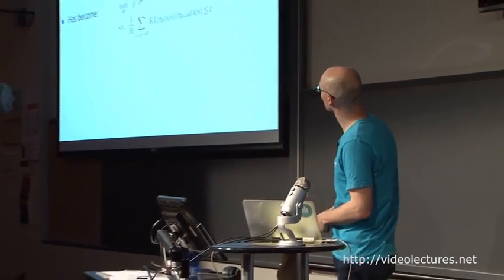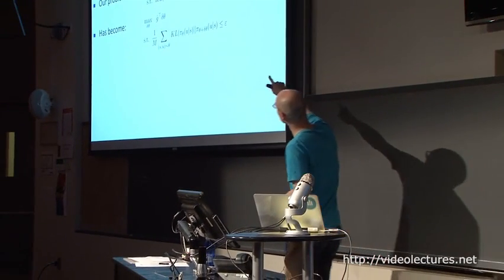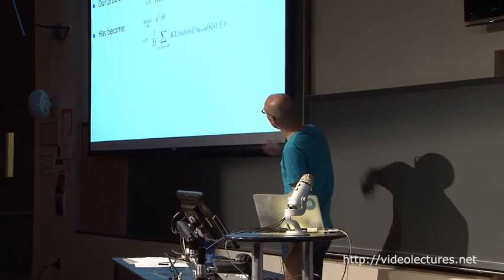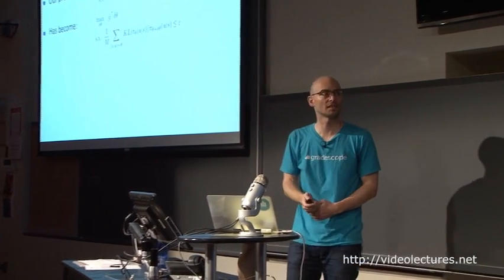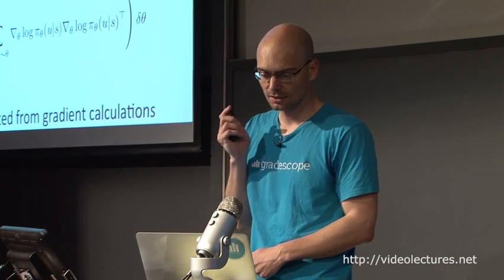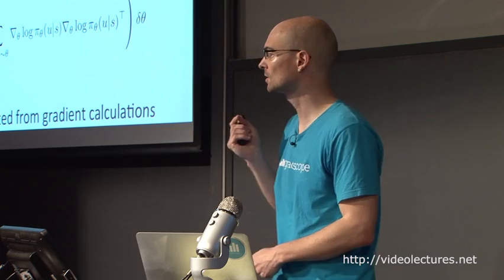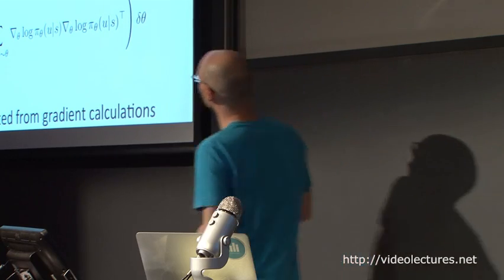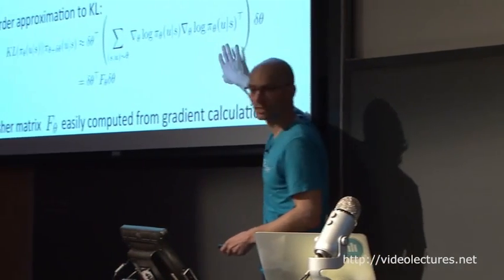So here's the problem we ended up with. We wanted the KL to be small. We saw that it can be an empirical KL on the conditional of action given state for states and actions that we visited. If we take the second order approximation, it'll look like this, with the thing in the middle being the Fisher matrix. And this is easily evaluated from the gradients we are already computing.